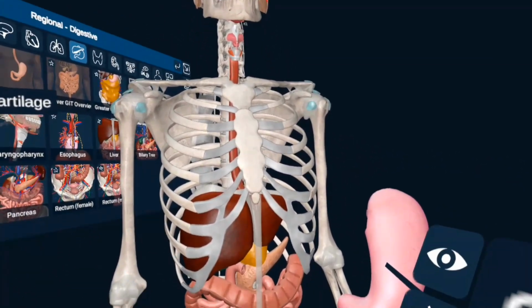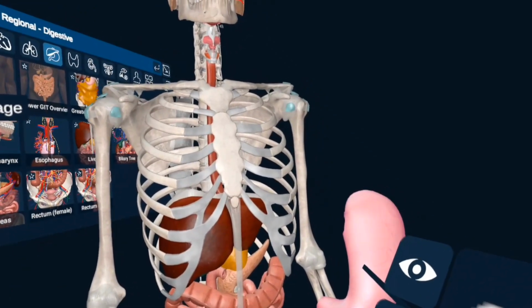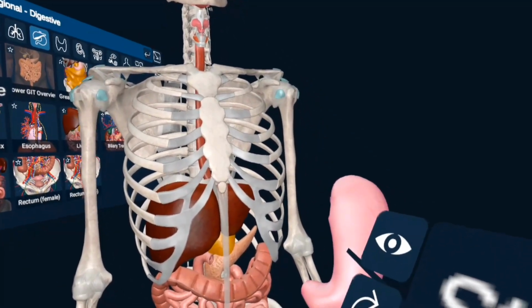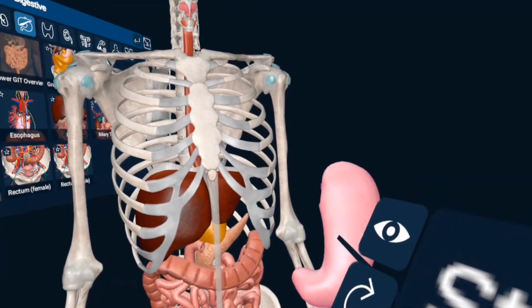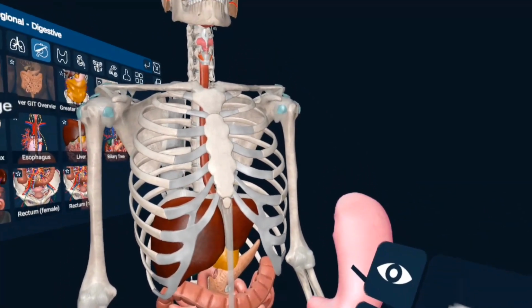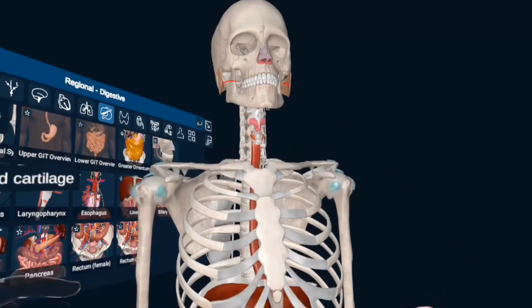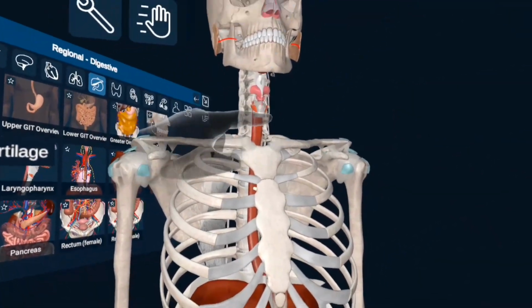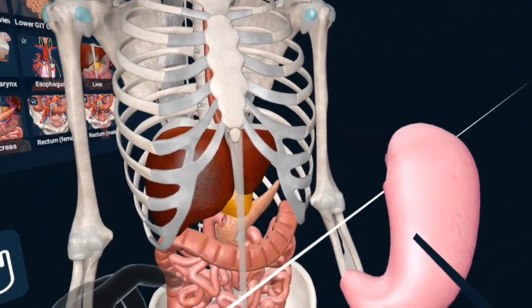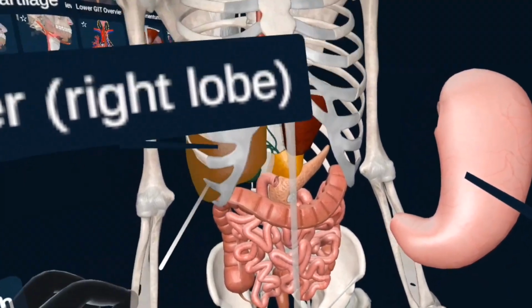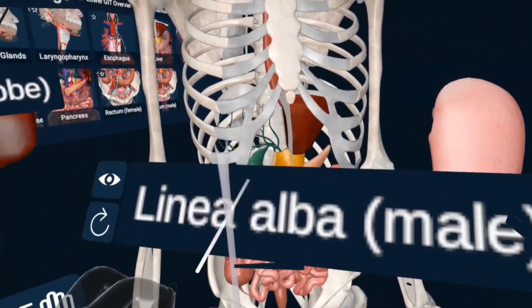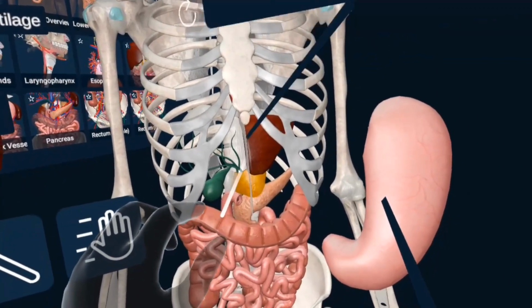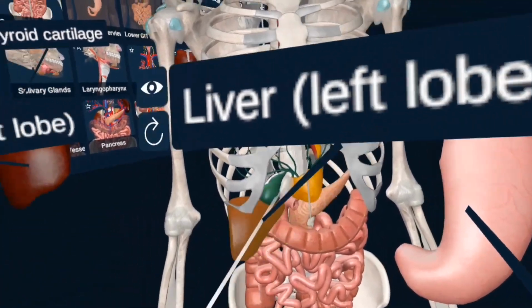More specifically about the esophagus, we have the interesting structures that I mentioned, which are the upper esophageal sphincter and the lower esophageal sphincter. The upper esophageal sphincter is located around this region, while the lower esophageal sphincter, if we dissect the liver, will be easier for us to look at.